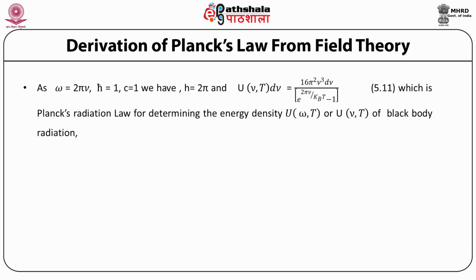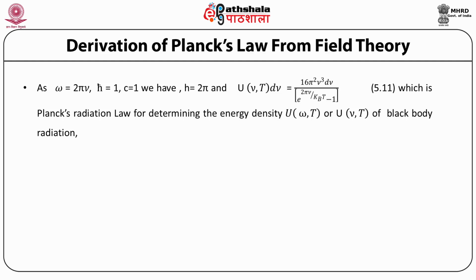As omega is 2 pi nu, h cross is 1 and c equal to 1, we have h is equal to 2 pi, and u of nu, T d nu is equal to 16 pi squared nu cubed d nu divided by exponential 2 pi nu by kBT minus 1, which is really Planck's radiation law for determining the energy density u as a function of omega and T, or u as a function of nu and T, of black body radiation.